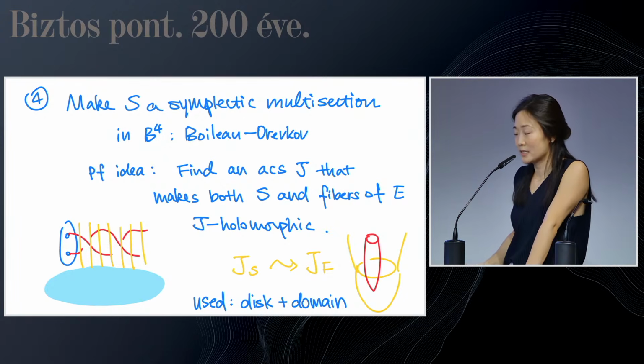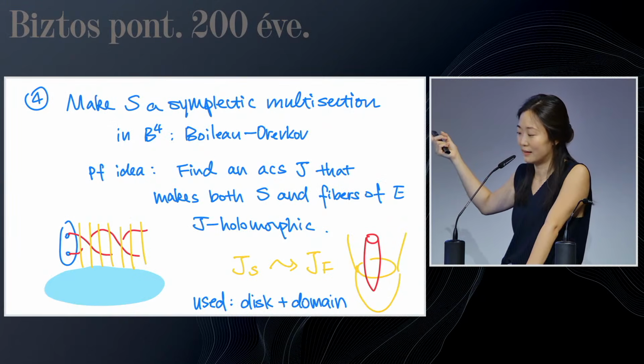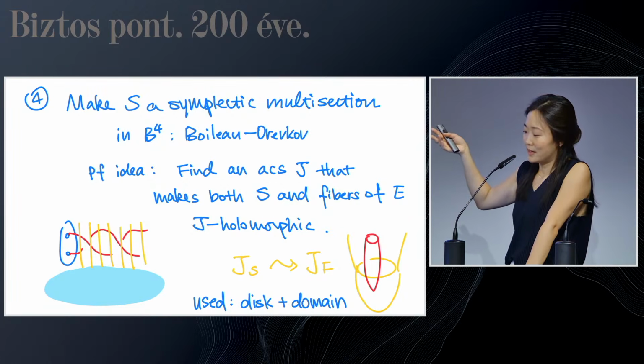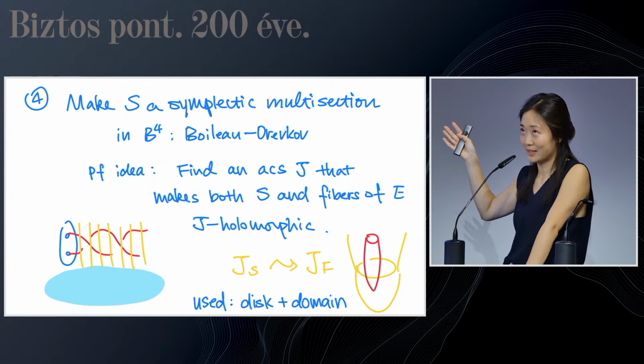So some remarks here: we actually used the fact that the red surface is a disk for two reasons, because of automatic transversality when you consider this family of J, and because it makes analyzing the possible breakings easier.